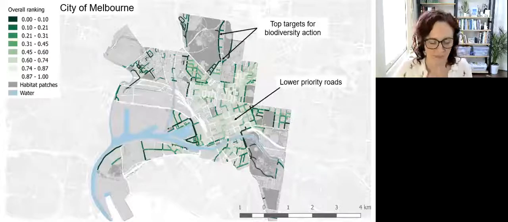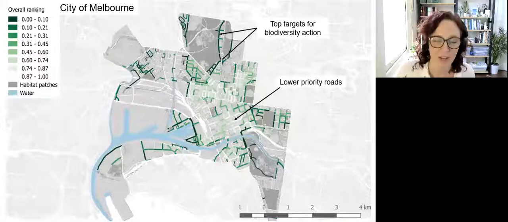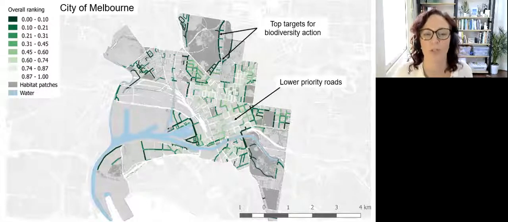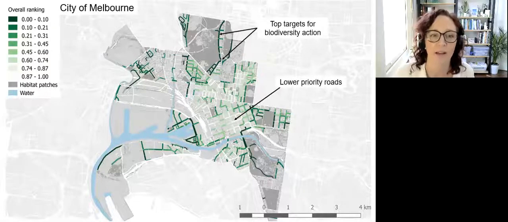We did this for all 7 species groups for the thousands of road segments across the City of Melbourne, and we were able to achieve a kind of ranking or hierarchy of roads.